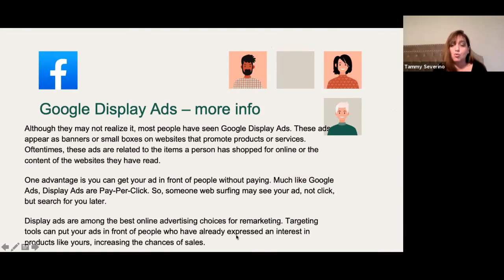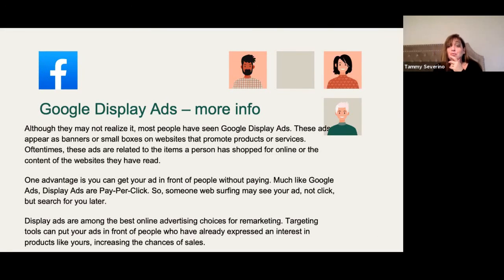So here's a little bit more about Google Display Ads because there is more to say about it. Although people may not realize it, most people have seen Google Display Ads. Like I said before, these ads often appear as banners or small boxes on websites, and they're promoting products or services. Often the ads are related to the items that someone has shopped for online or the content that they've read.